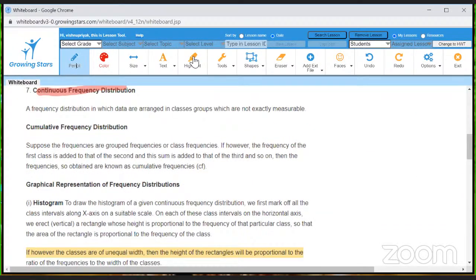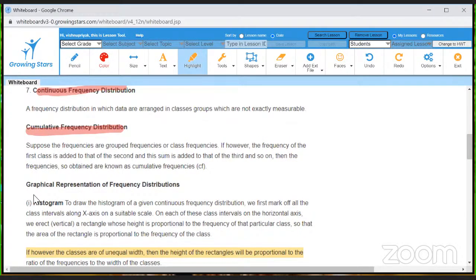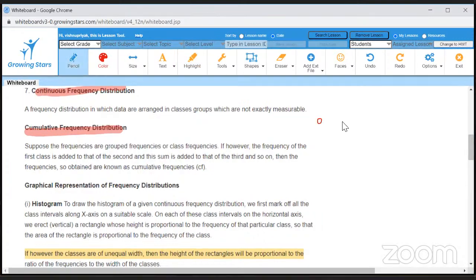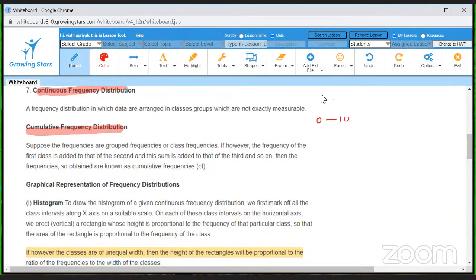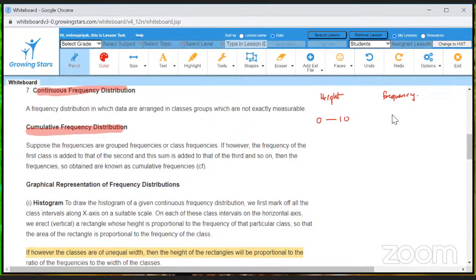The next is cumulative frequency distribution. Suppose each class has a frequency, like 0 to 10. Suppose this is height. 0 to 10. This is frequency. How many people? Suppose 3 people. 10 to 20, 5 people. 20 to 30, 7 people.